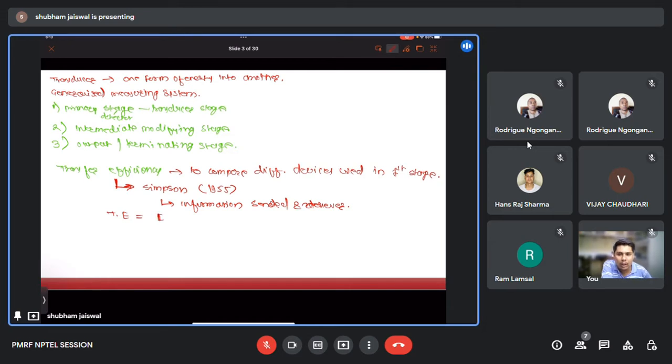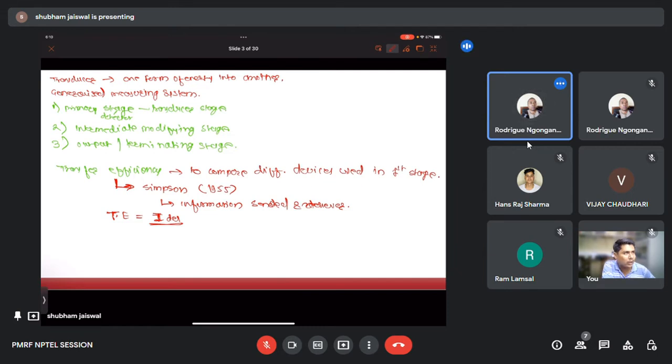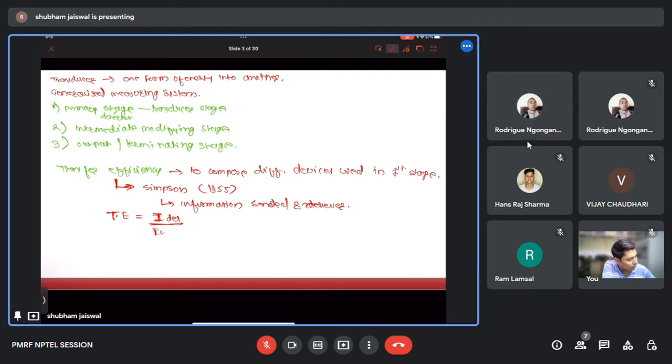Can anyone tell how we define the transfer efficiency? It is the information delivered by the transducer to the information sensed.